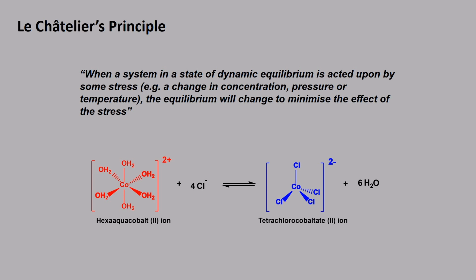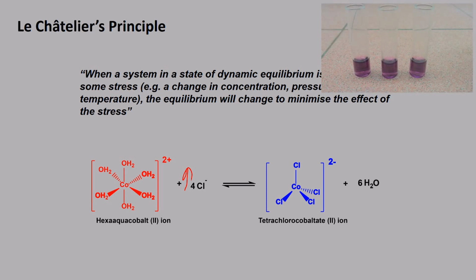So if we have a look at this reaction again, what will happen if we increase the concentration of these chloride ions? And if we have a look up in the top right-hand corner, you can see me adding sodium chloride to the solution. Now sodium chloride will ionize to give us sodium ions plus chloride ions, and it's these chloride ions that are going to have an influence.